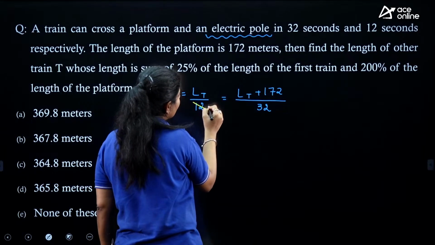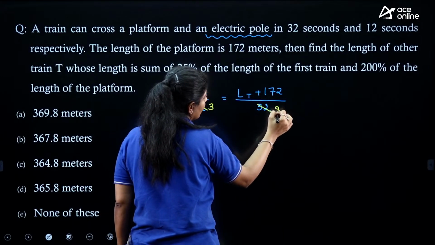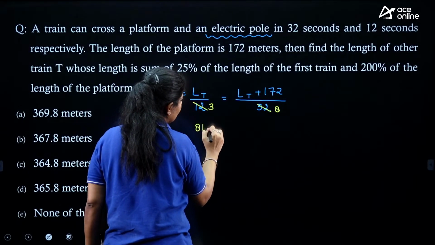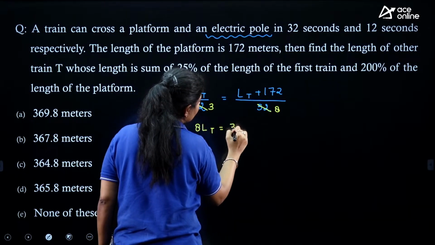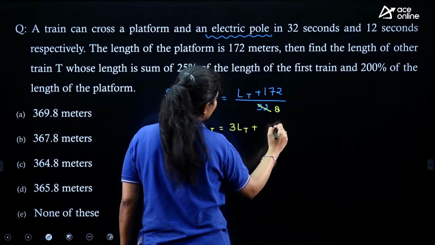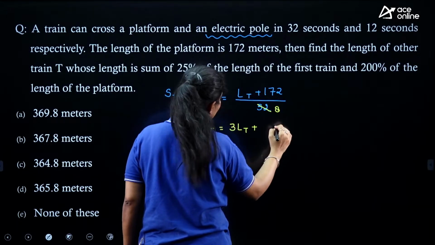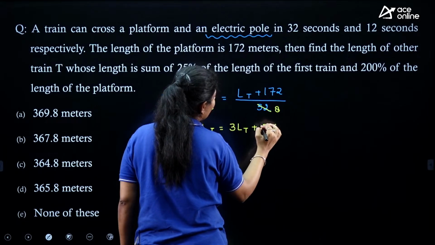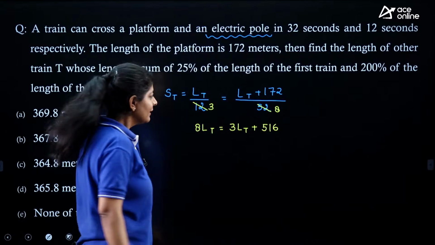Yes. Here we can write 3, here we can write 8, right? Now, 8 LT is equal to 3 LT plus, here we need to multiply, 172 times 3 is 516, right? Now what are we getting?